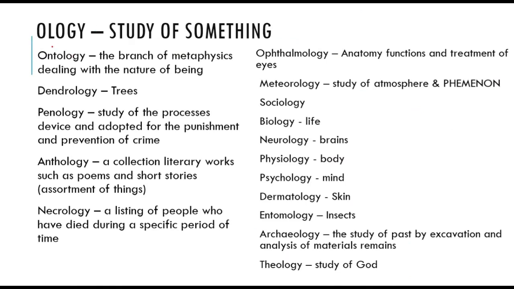As we had this root word ology few times here and there when we were discussing the other root words, let's look into some more words under the same category called ology. Look at the first word, ontology. Ontology means the branch of metaphysics dealing with the nature of being.